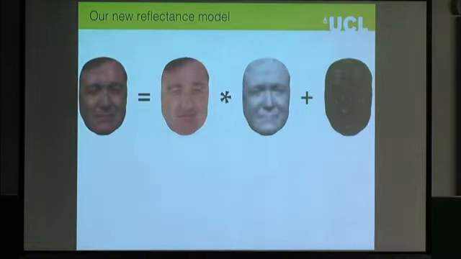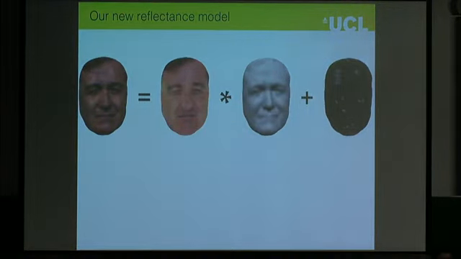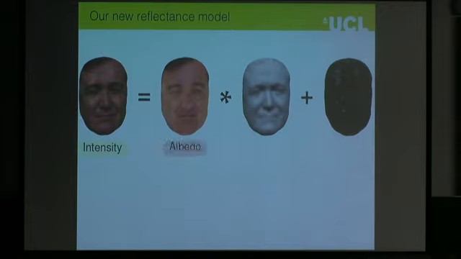So of course what we needed to do was to go back to our model and introduce the shading effects, to model properly the reflectance model, so how the intensity in the image is being created.